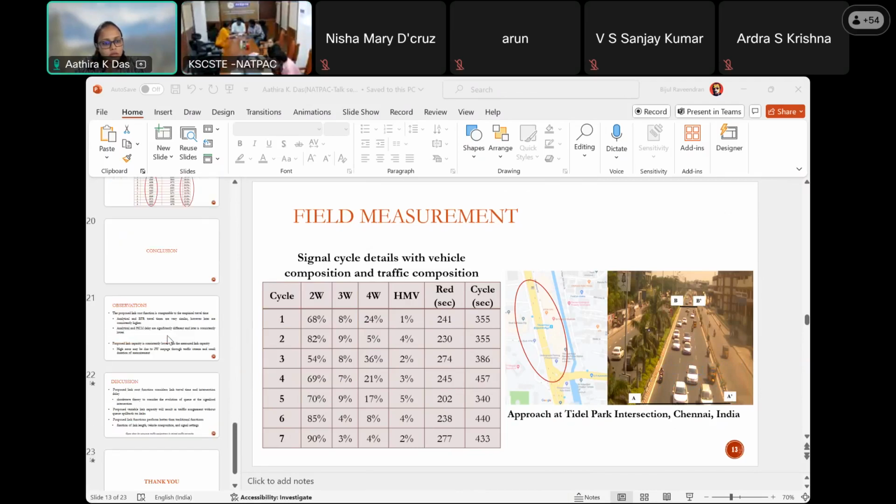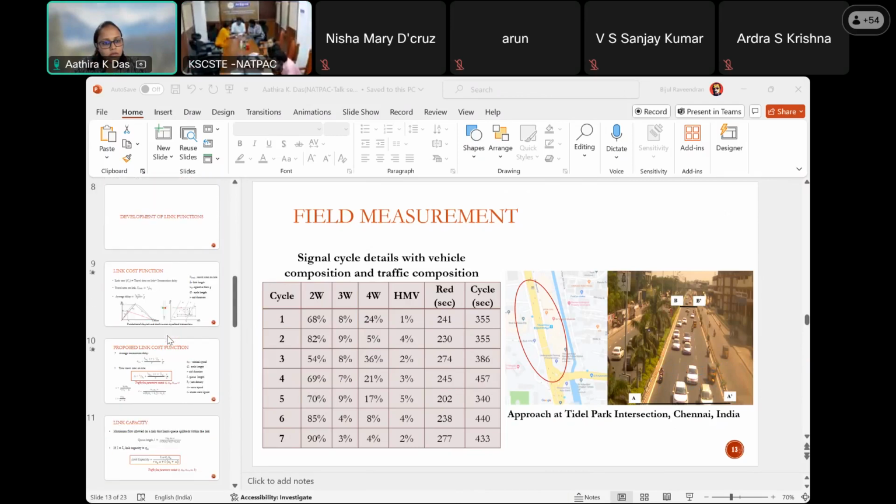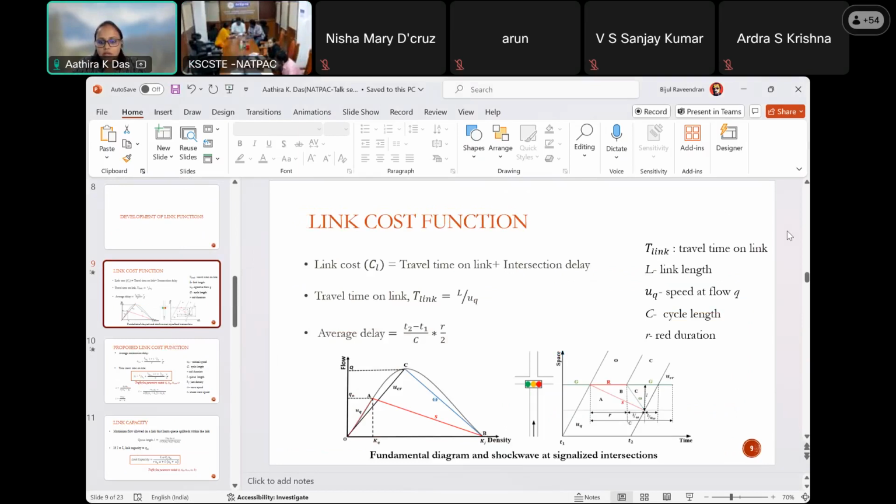If we consider, for example, this shockwave diagram, when the queue relieves, I'm not sure what she meant by it being vehicle class specific.